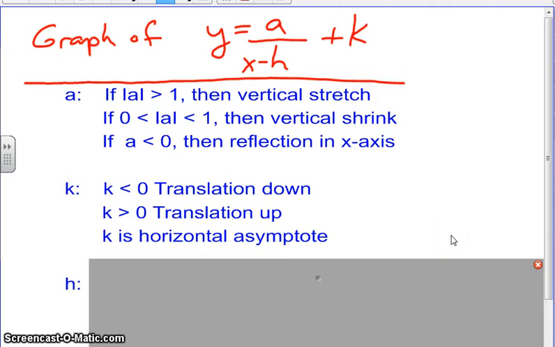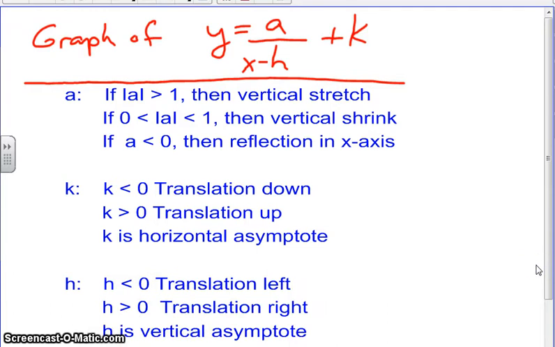And then h, notice that in this model function, we're subtracting h. So h gives us the vertical asymptote, right? It will let us know what type of left or right translation we have. As long as you're subtracting h, if you look at it that way, the h is the vertical asymptote. It's always hard to see that when we have a negative in the model function.